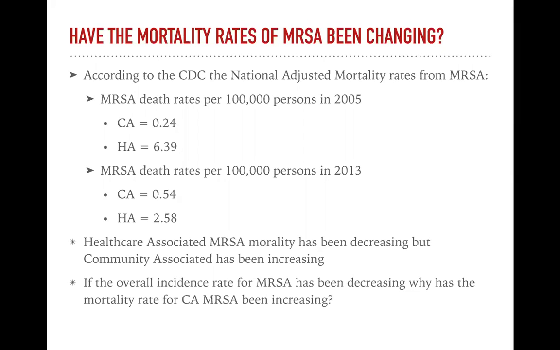So the healthcare-associated MRSA mortality rates have been decreasing, but the community-associated MRSA rates have been increasing. So if the overall incidence rate for MRSA has been decreasing, why has the mortality rate for community-associated MRSA been increasing?